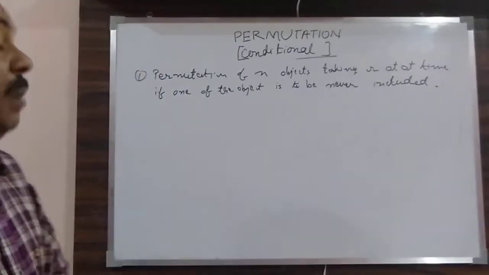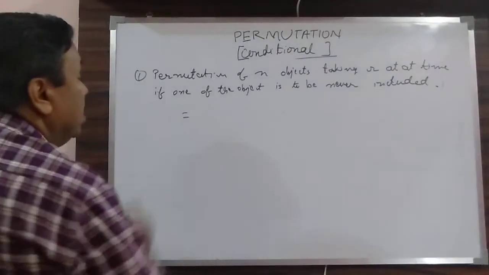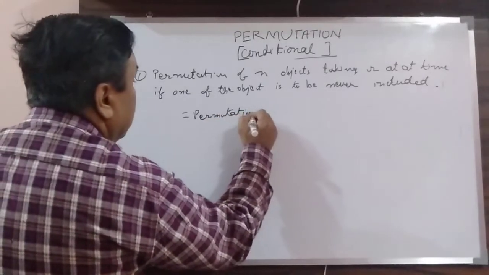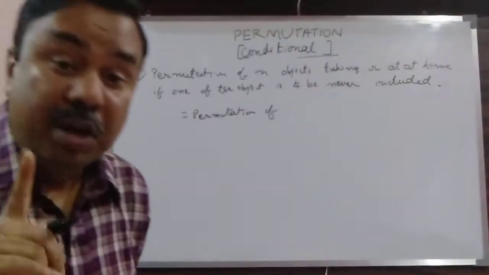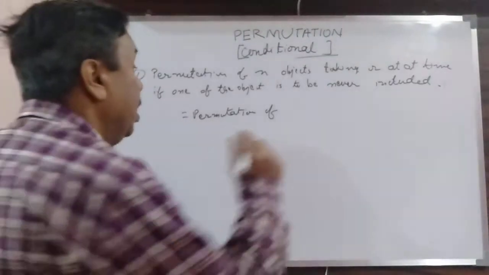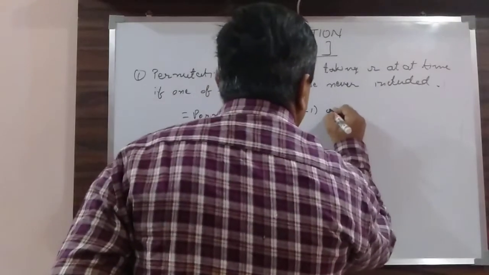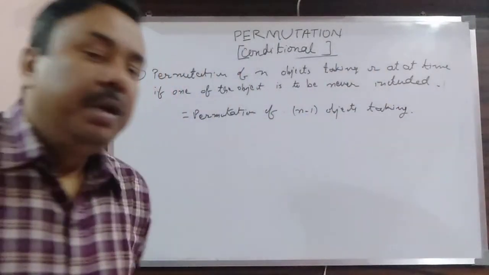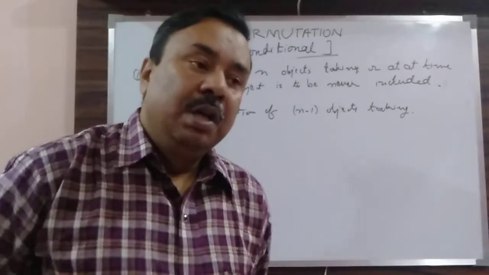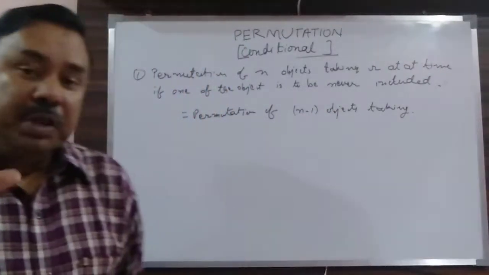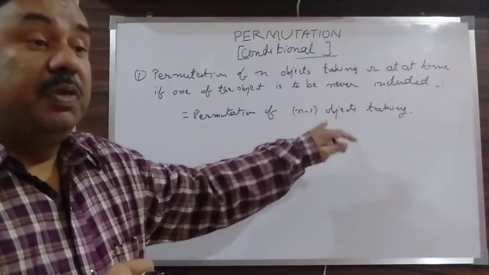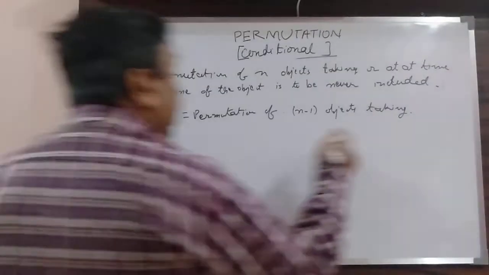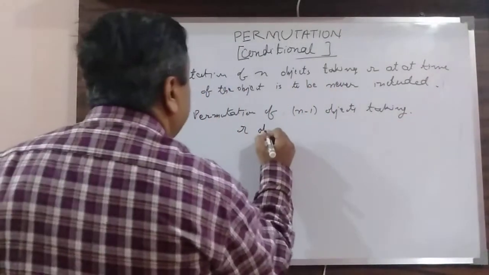So one condition is clear, that object has to be discarded always. So what is my remaining? In that case, this is the permutation of n minus 1 objects, because one object has to be discarded. Now no place has to be left vacant because all our places are to be filled with any of the remaining n minus 1 objects, taking r objects at a time.